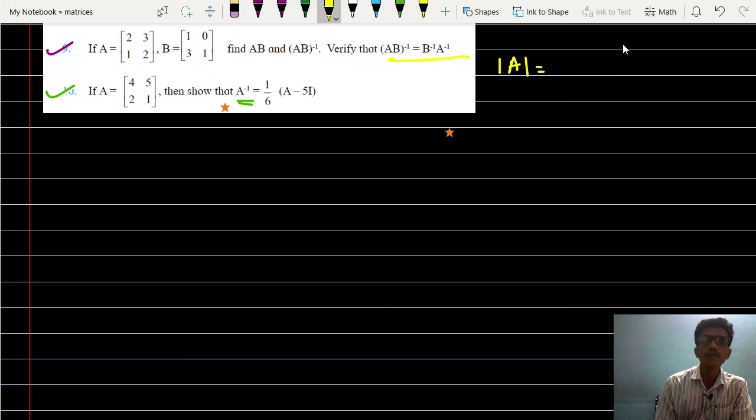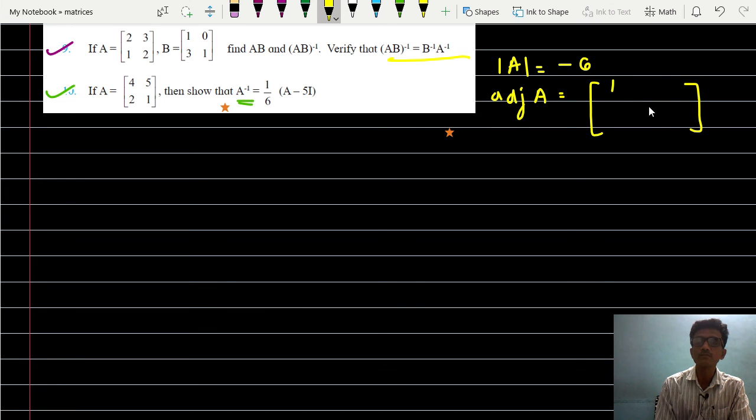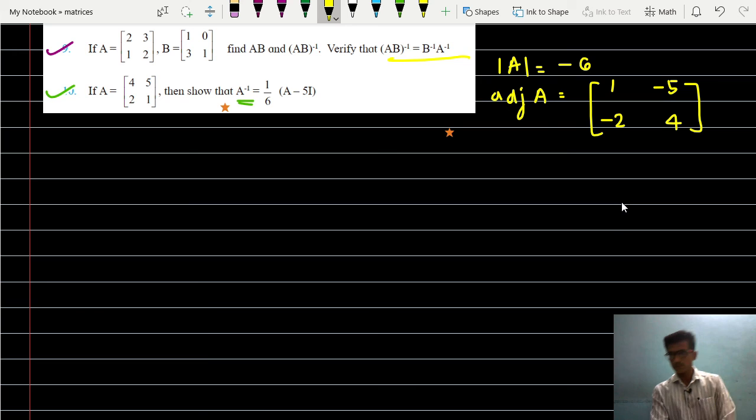It is 4 minus 10, that is minus 6. Expansion of the determinant, 4 minus 10, minus 6. फिर इसके बाद adjoint of A, as it is a 2 by 2 matrix, we can find by interchanging diagonal elements 1, 4. Change the sign of non-diagonal elements.